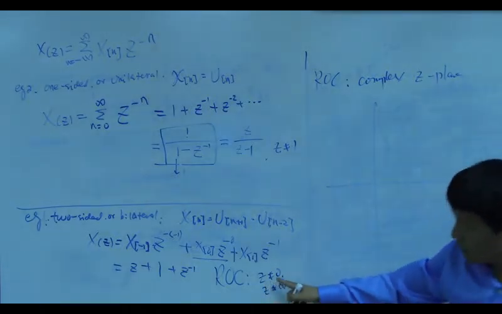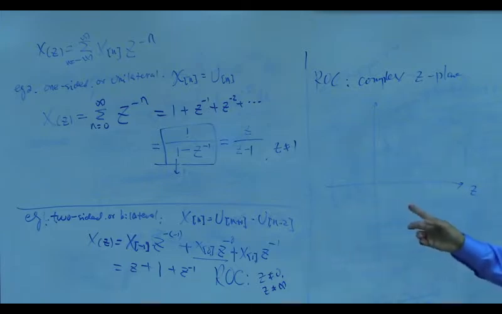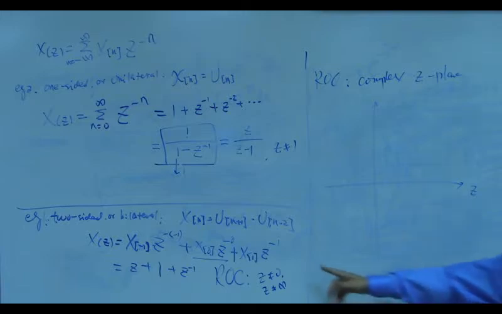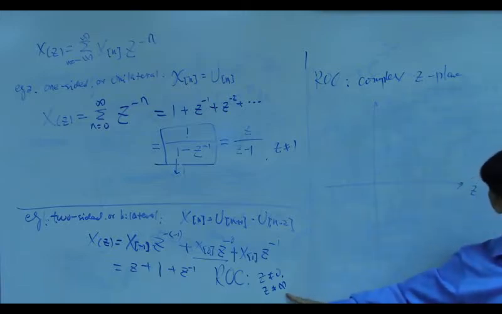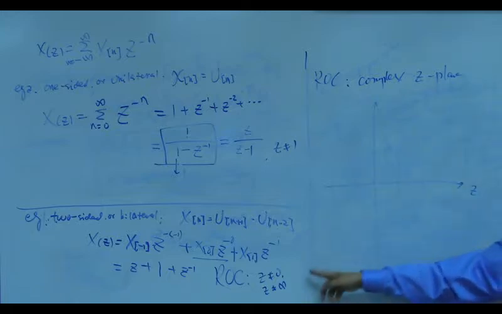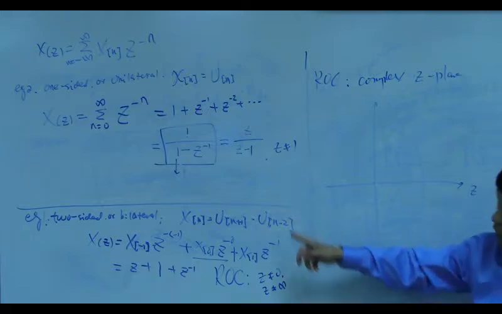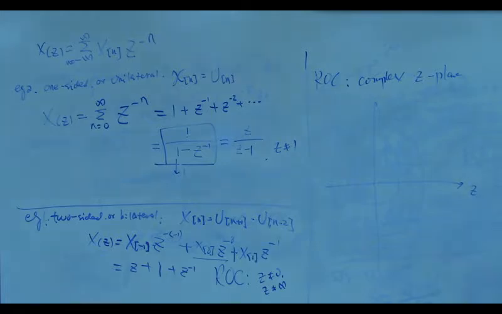this one, z cannot be equal to 0. That means we cannot include the origin. Z cannot be equal to infinity. So the whole plane is in the region of convergence except the origin for this part. Make sense? For this one, z cannot be equal to 1.